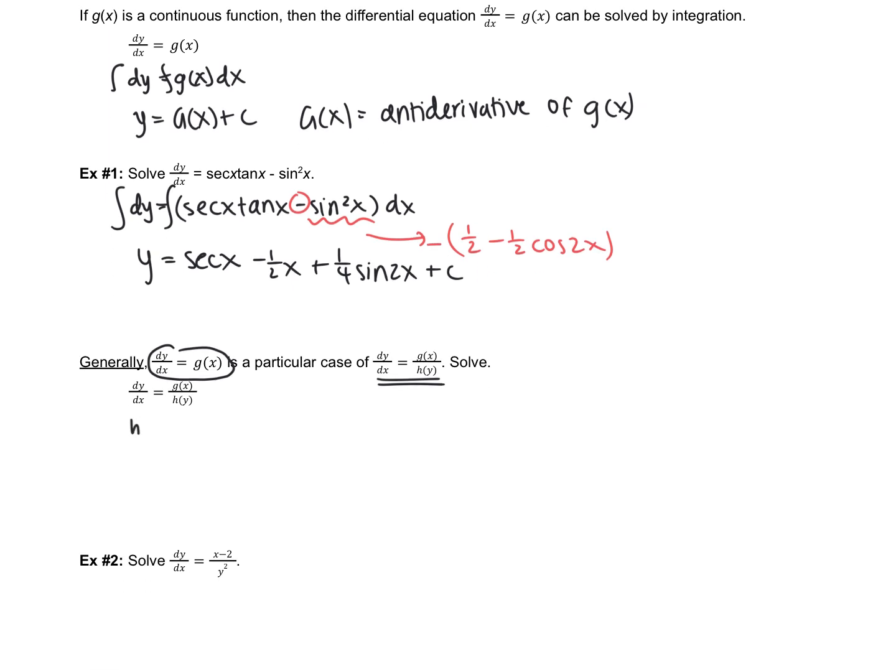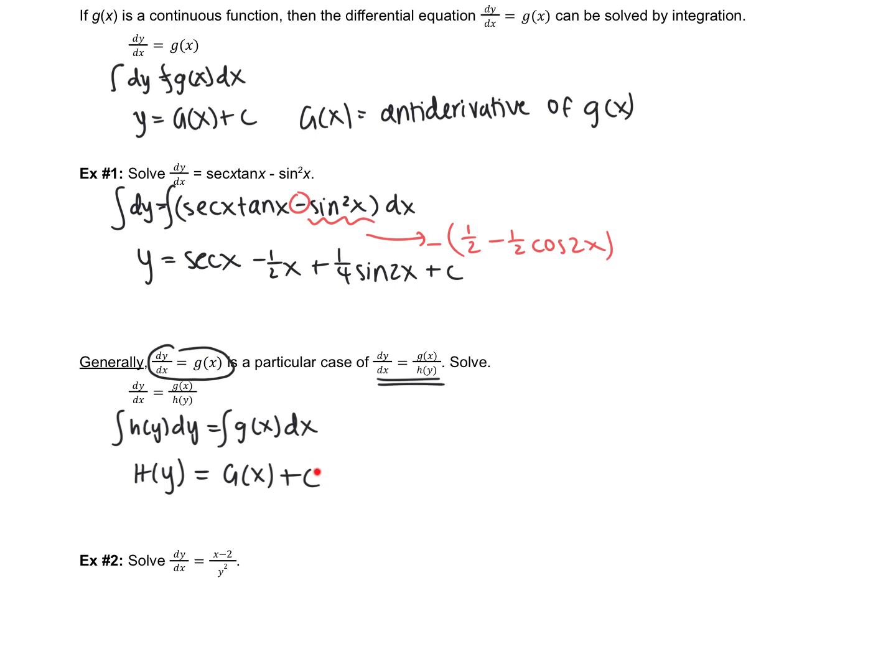So we would end up with h of y dy equals g of x dx. X is on one side, y is on the other. When we integrate then, we're going to have H of y equals G of x plus c, where both capital H and capital G are antiderivatives.